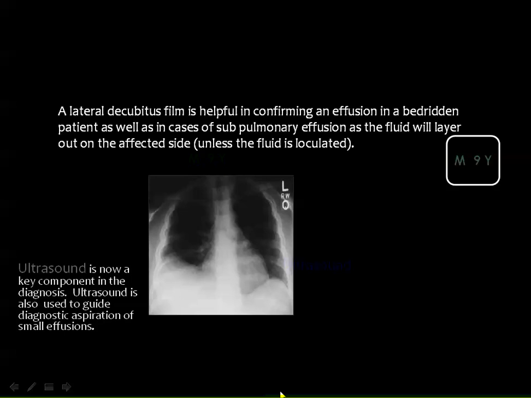Then if you look to the chest x-ray, and I have explained this before, you see that there is a big difference between the right and the left diaphragmatic cupola. You know that the allowed difference between both cupolae is from 1 to 3 centimeter. The right one is higher.